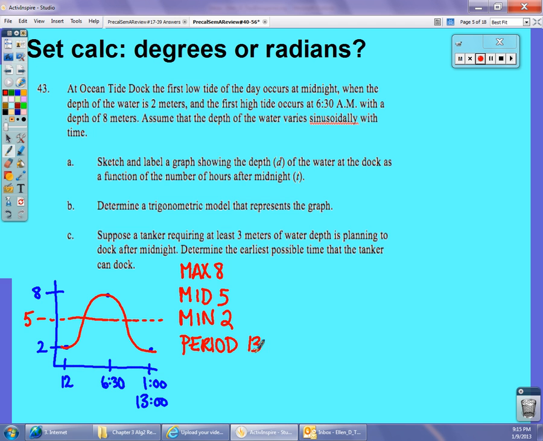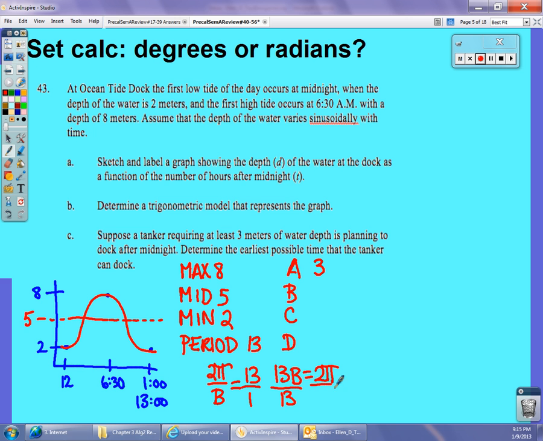From these, we're going to find A, B, C, and D so that we can write our equation. A is the difference between the midline and the maximum, which is 3. B is calculated from the period. 2 pi over B has to equal 13 over 1. Cross multiplying gives us 13b equals 2 pi.